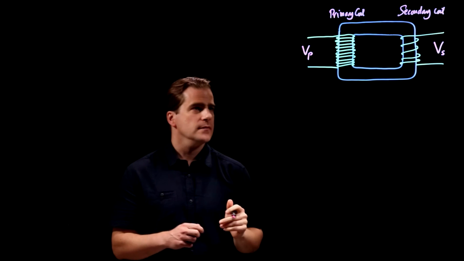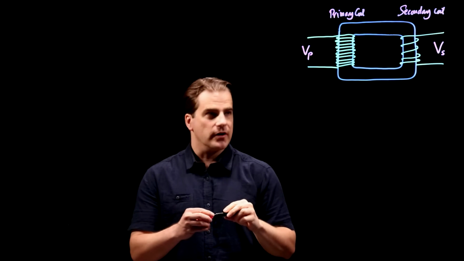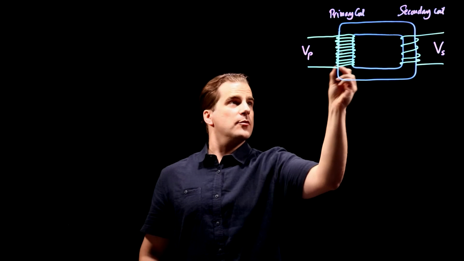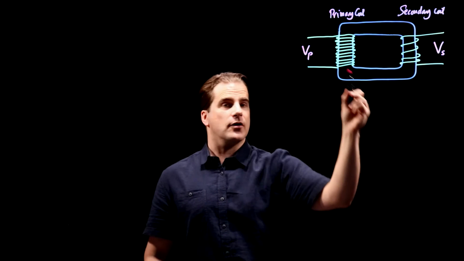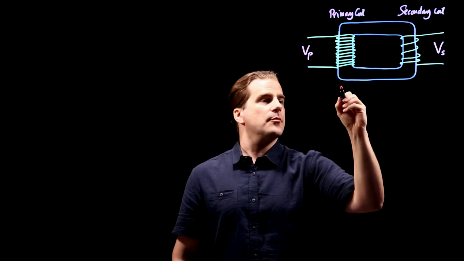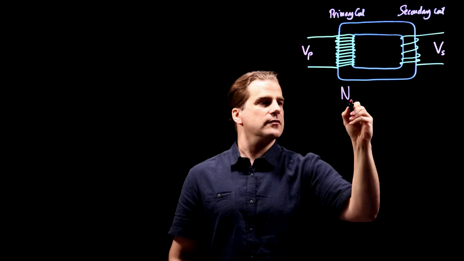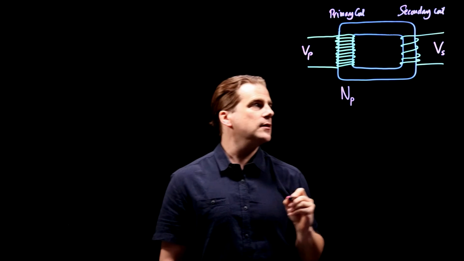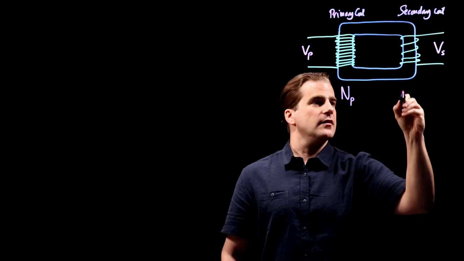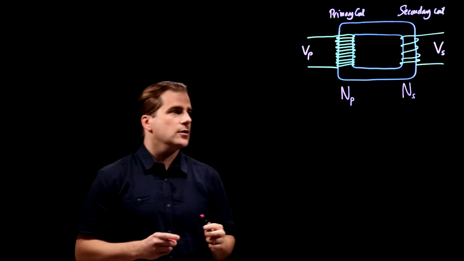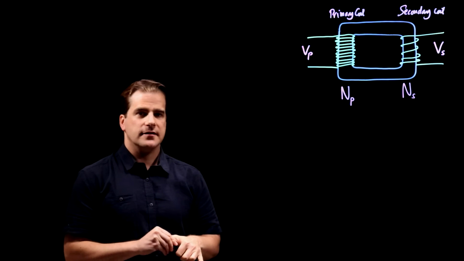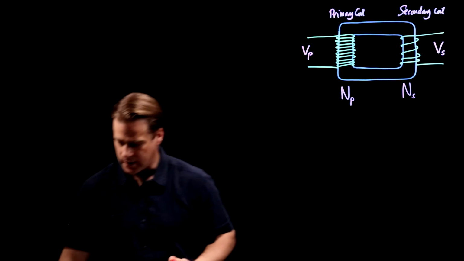Okay? Now, you also have a certain number of turns, the number of times this coil has been wrapped round the core. And on the primary side, it's the number of turns of the primary coil. On the secondary side, it's the number of turns of the secondary coil. Good. So that's the internal workings of a transformer.